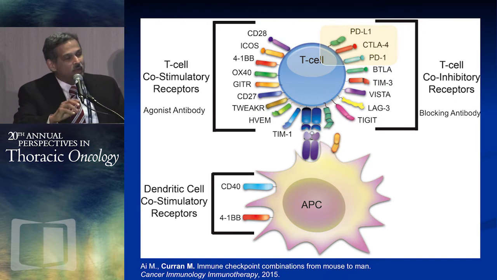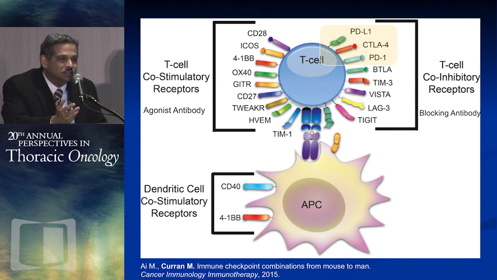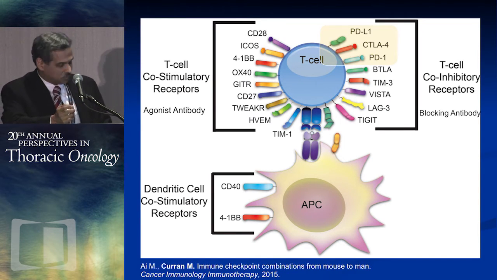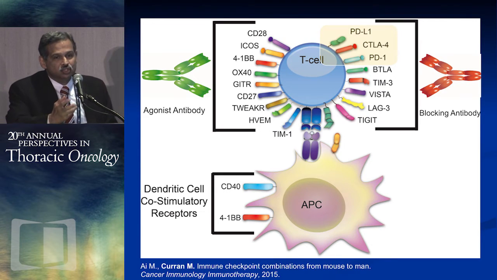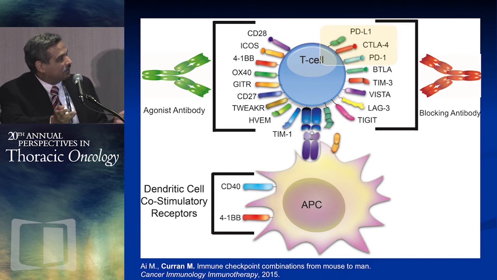Now, when we look at the cytotoxic T cells that can attack the tumor, we have up till now focused on the inhibitory molecules, particularly PD-L1, CTLA-4, and drugs that target PD-1. What is important to recognize are there are these co-stimulatory molecules also present that can activate the T cells.